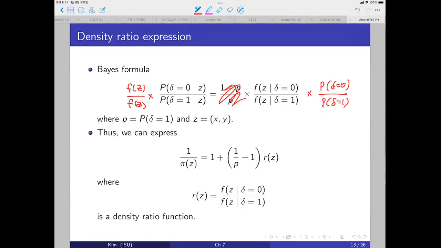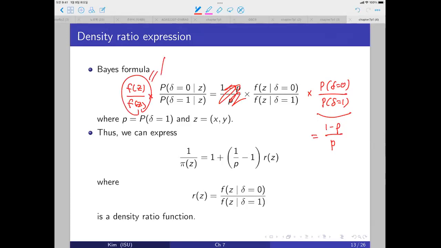This is basically a joint event, the product. The joint event is the same, but the difference is which one we condition on. So this guy is 1 minus p divided by p, and this is equal to 1.